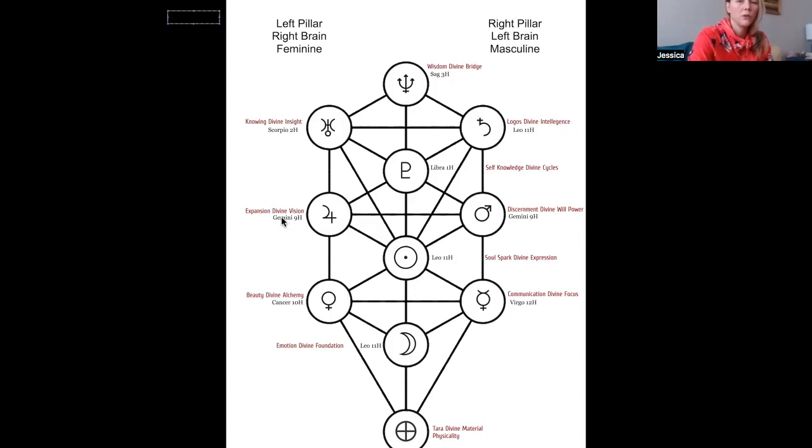And then you want to look to see how you're doing that. If you're doing it through Gemini in the ninth house, you're doing it through studying a lot of different things. But if it's through Libra in the second house, you're doing it by coming into balance with your values, right? With your finances, with the physical sensations in your body.